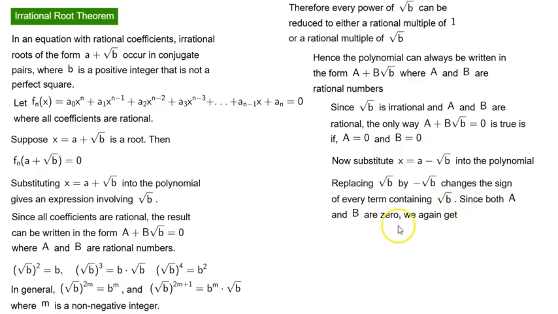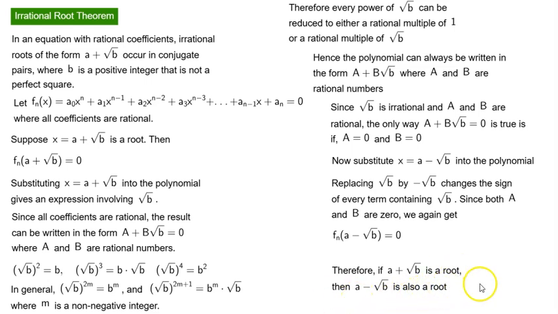Since both a and b are 0, we again get f sub n of a minus root b is equal to 0. So if a is equal to 0 and b is equal to 0, that means the whole expression becomes 0. Therefore, if a plus root b is a root, then a minus root b is also a root.